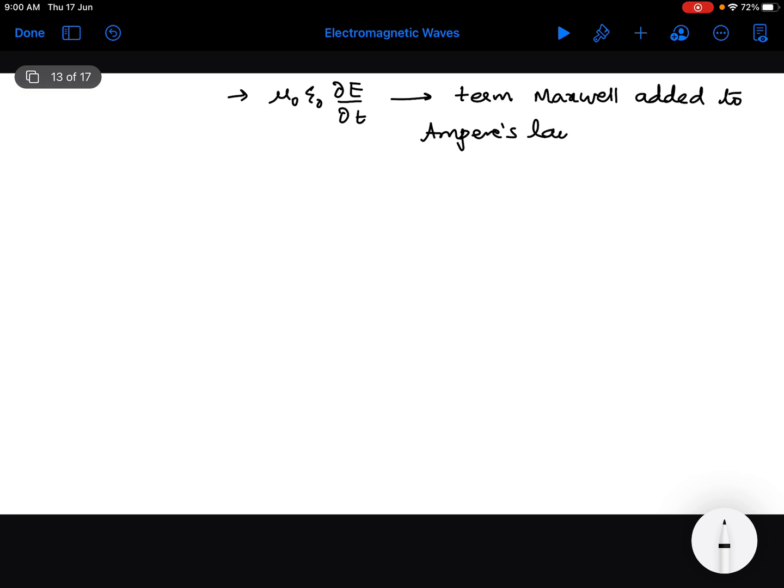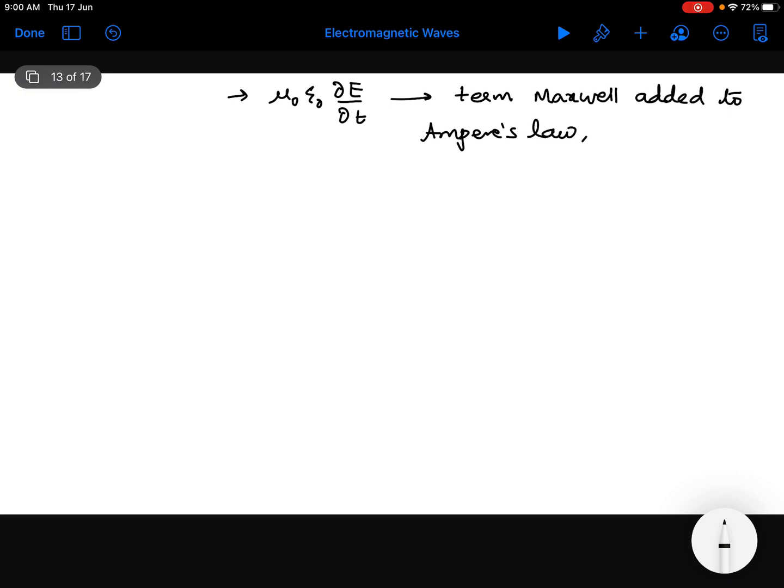What is that? The mu naught epsilon times del E by del t is the term Maxwell added to Ampere's law.